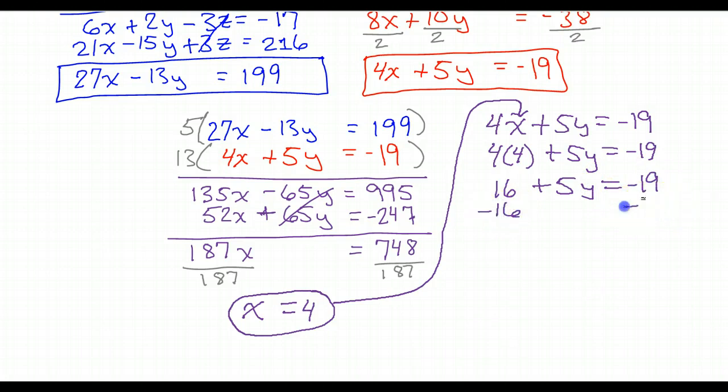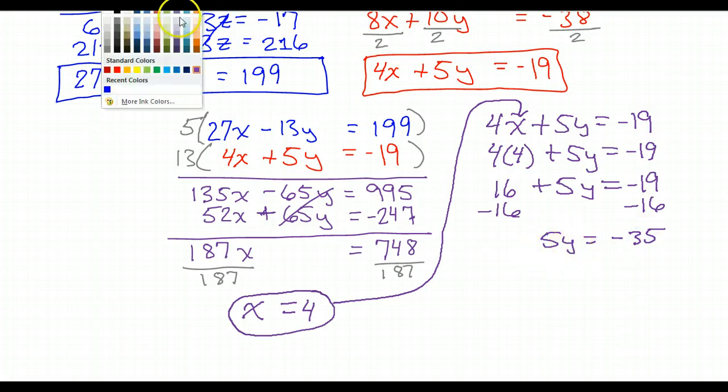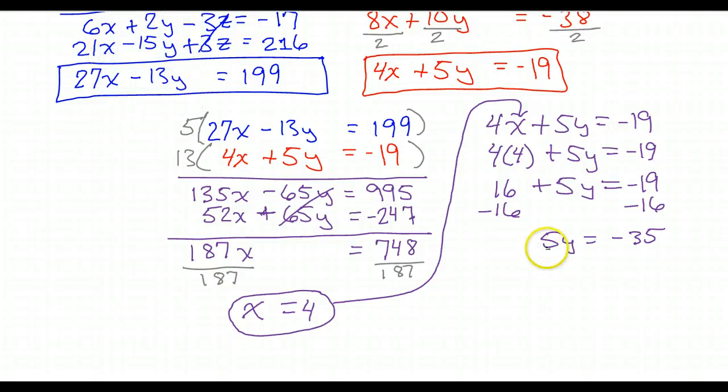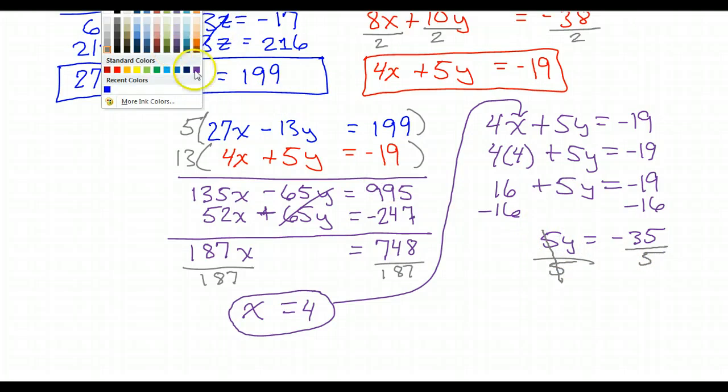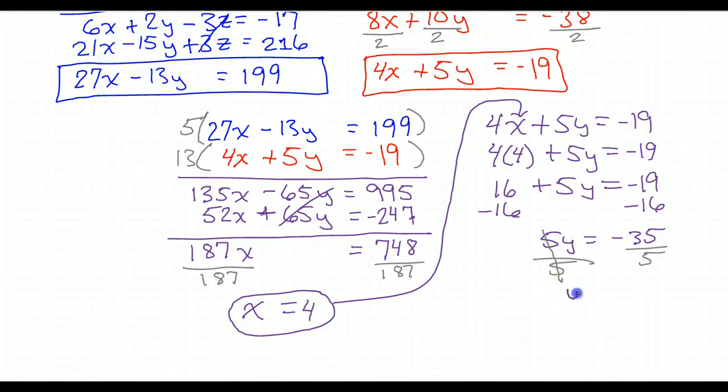Subtracting that 16 from both sides, that's going to give me 5y is equal to negative 35. Okay, so if I divide both sides by 5, at this point, you guys can see where this is going, can't you? So that's going to give me y is equal to negative 7.